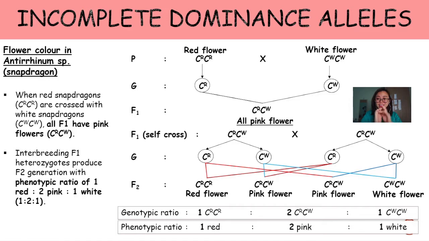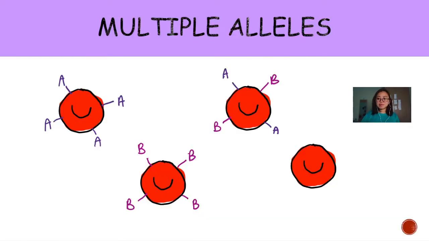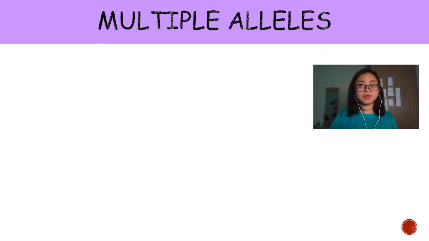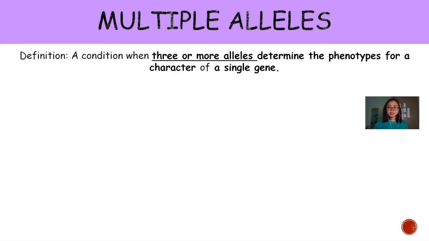Let us move on to the next example. The next example that we'll look at is multiple alleles. So this is when you have more than 2 alleles for one characteristic. So di sini kita akan gunakan contoh blood group A, B, AB, O. Okay, so in this diagram, you have blood group A, blood group B, blood group AB, blood group O. All right, I think it is very good if we start with a definition.